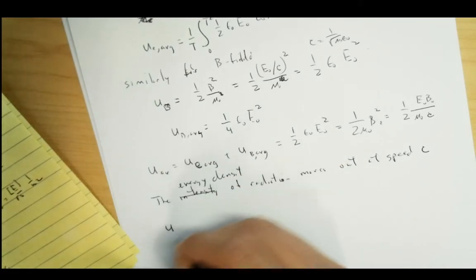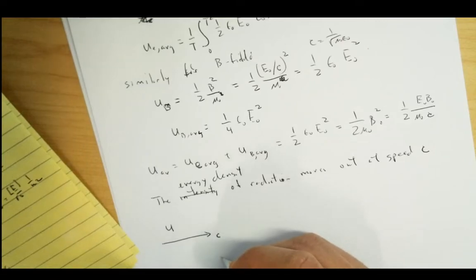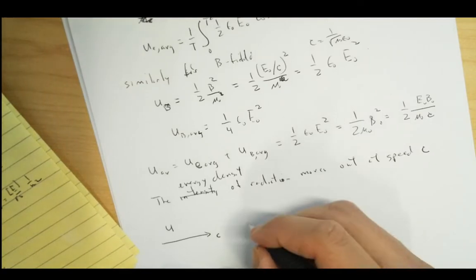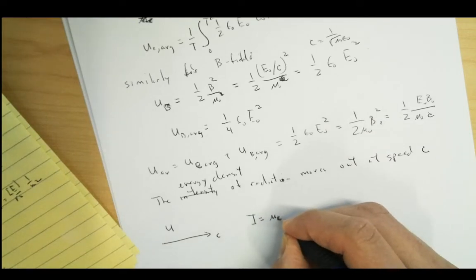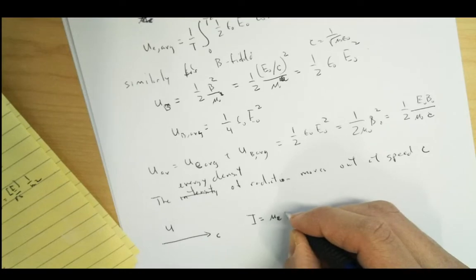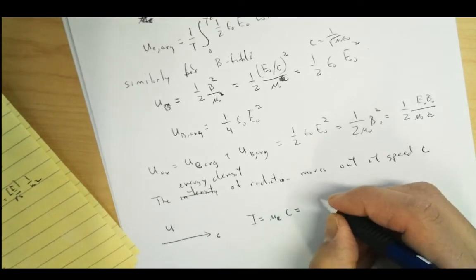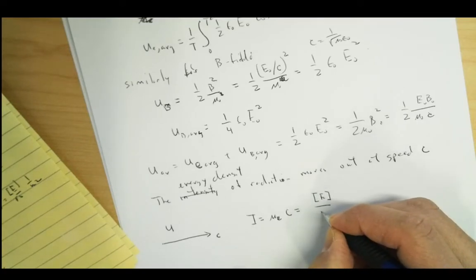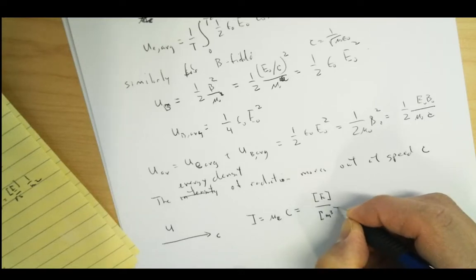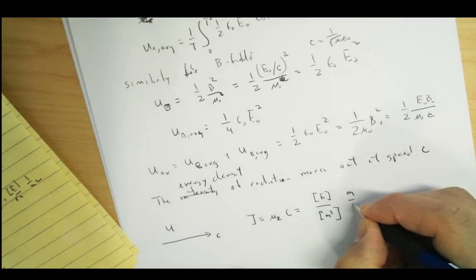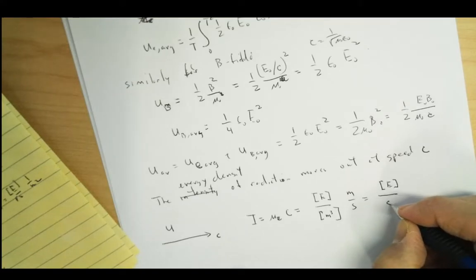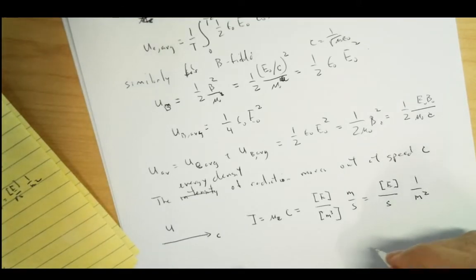This stuff is moving out at speed c, and so you could write down I is equal to U average times c, which is in units of energy over volume, meters cubed, times the speed, meters per second, which is basically energy over seconds times 1 over meter squared.